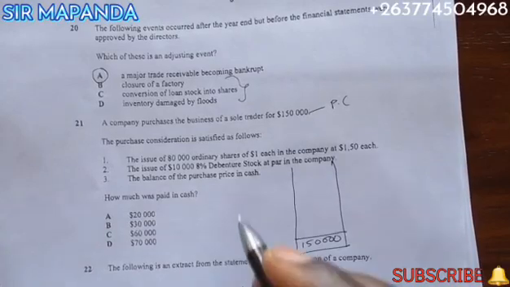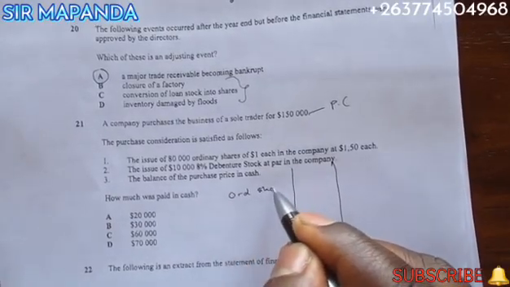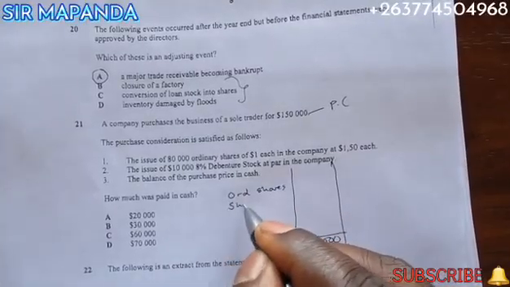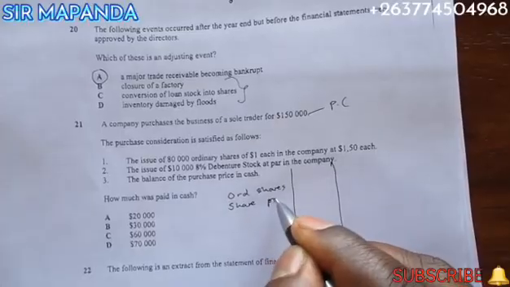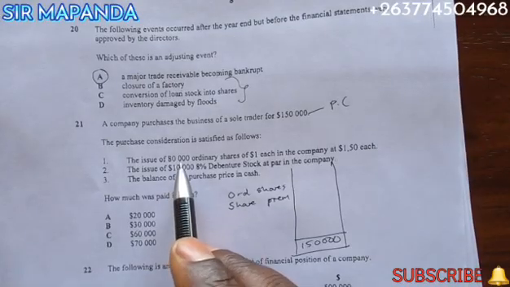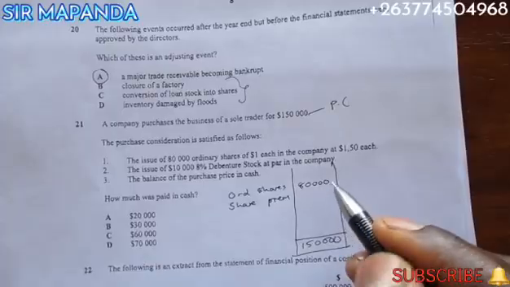Way number one, we had ordinary shares. We also have a share premium. So we have two items in the first satisfaction. 80,000 times a dollar, you have 80,000.